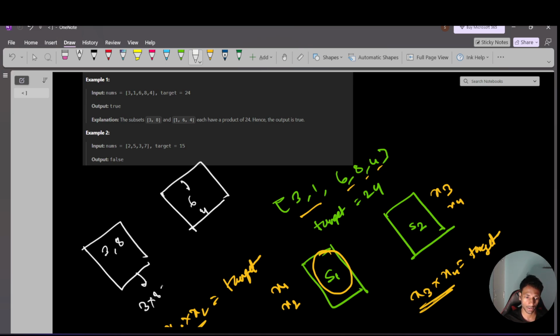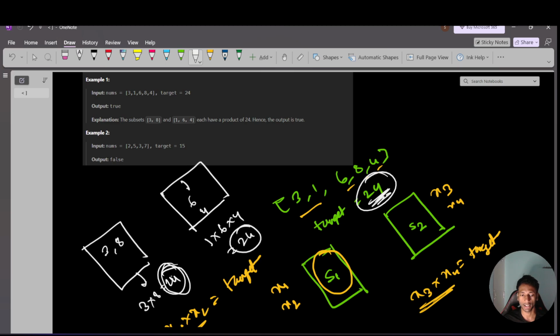This is 3 into 8, 24, which is equal to target. Similarly for subset 2, the product is 1 into 6 into 4, 24, which is also equal to target. So at least one such partition exists, so the output will be true. That's why for example 1, the output is true.